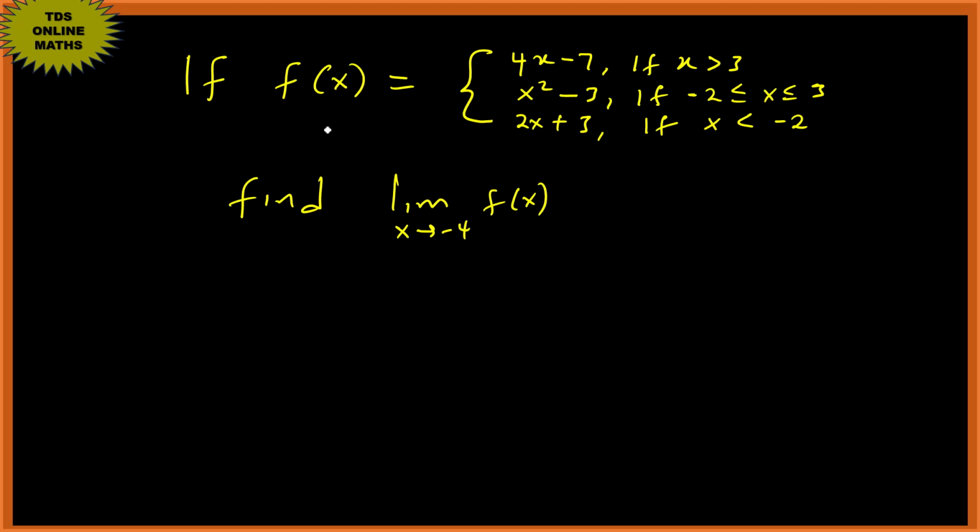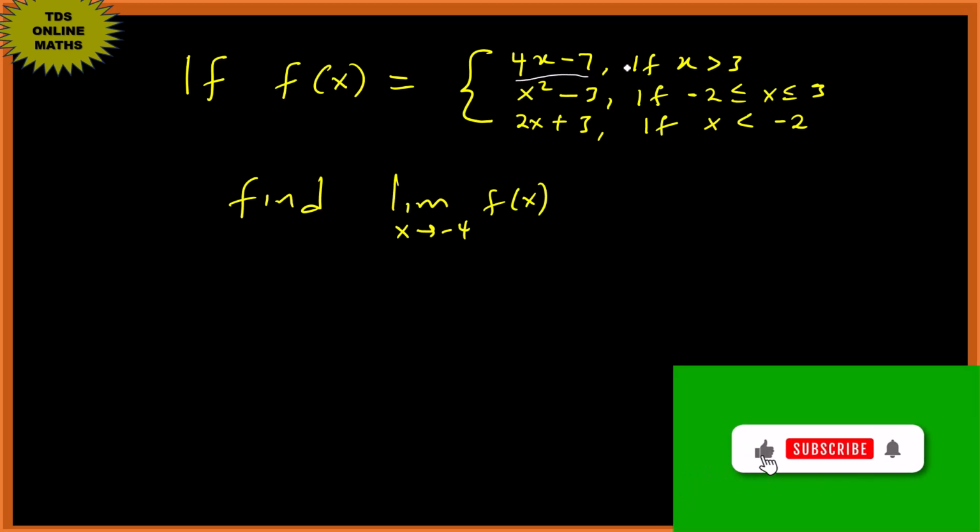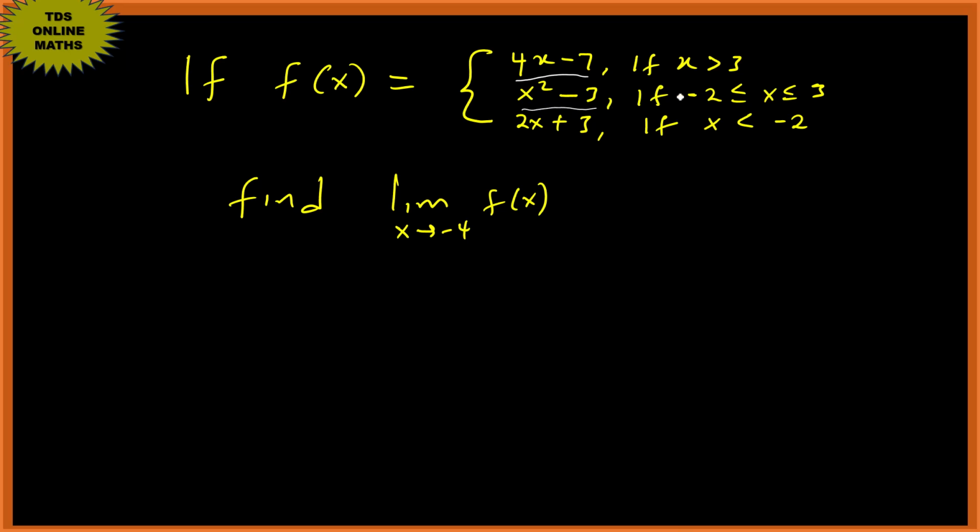Alright, so if f of x equals this, we have three given functions here with their range given. So the first one, we have 4x minus 7, for x greater than 3. And we have x squared minus 3, where x lies between negative 2 and 3. Then we have the third one, f of x, 2x plus 3, if x is less than minus 2.